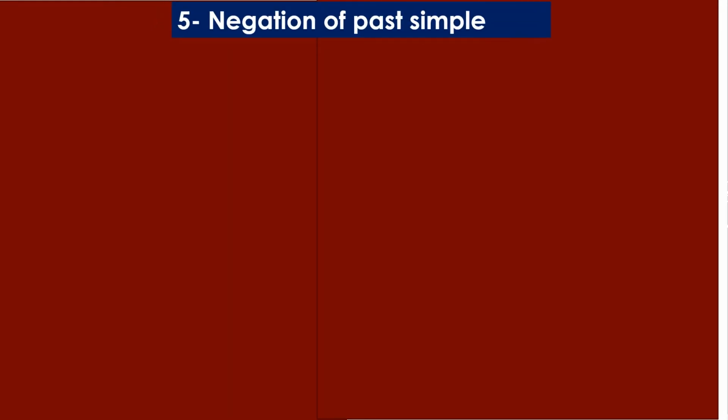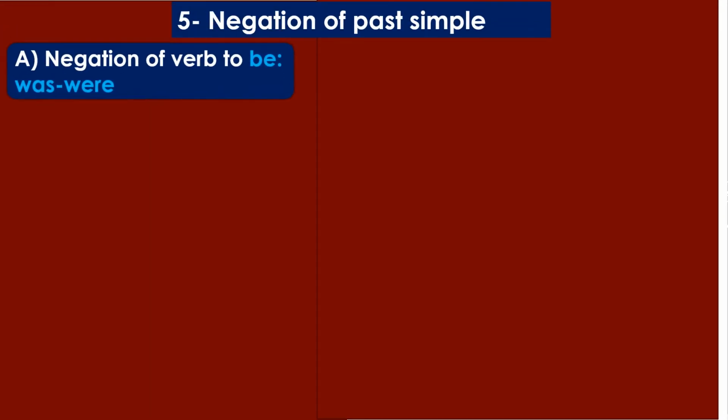Let's just talk about the negation of the past simple. We're going to start with the negation of verb to be, and by verb to be here I mean was and were. Okay, خلينا نبدأ في الحديث عن نفي المضارع البسيط، وهنبدأ بنفي verb to be. وطبعا verb to be احنا نقصد به اللي هو was were in the past. في الماضي طبعا بتكون was were.